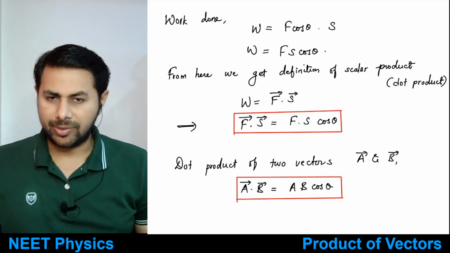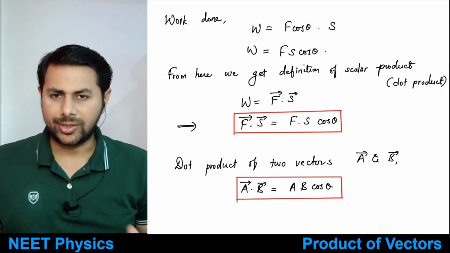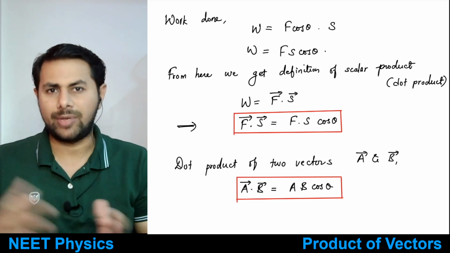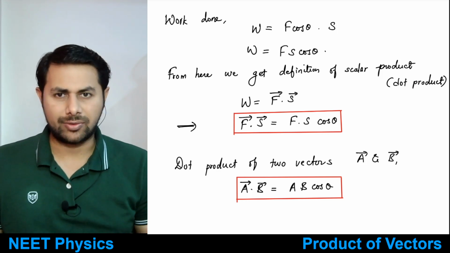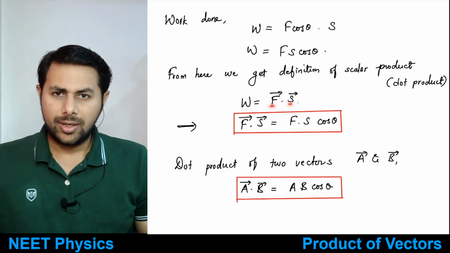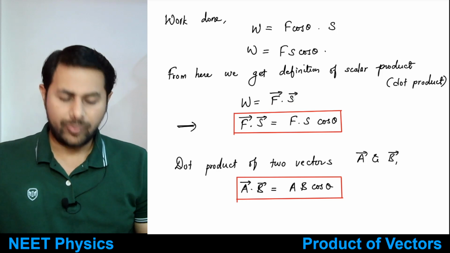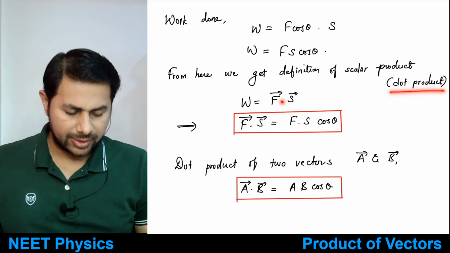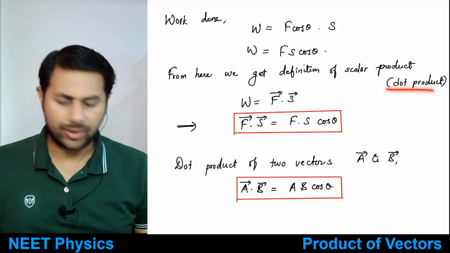From here we get the definition of scalar product. So what is a scalar product? You have two vectors, you multiply them, and the resultant is a scalar quantity. Work is a scalar quantity and it is the product of force and displacement. We denote this product by a dot, and therefore it is also called the dot product.